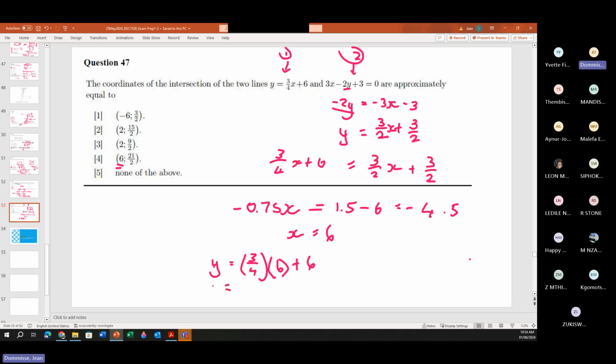So 3 over 4 is 0.75 times 6 is 4.5 plus 6. So it gives us y is equal to 10.5. Okay, they could have said to us 10.5, but now they want us to work out a fraction. So 21 divided by 2 is also 10.5. Okay, so it will be option 4.